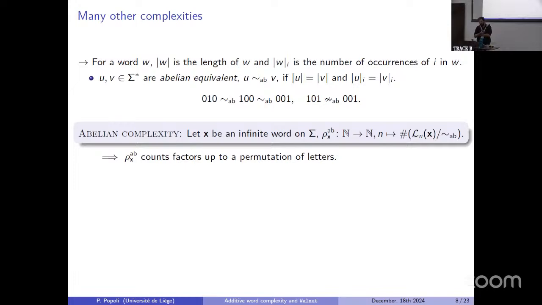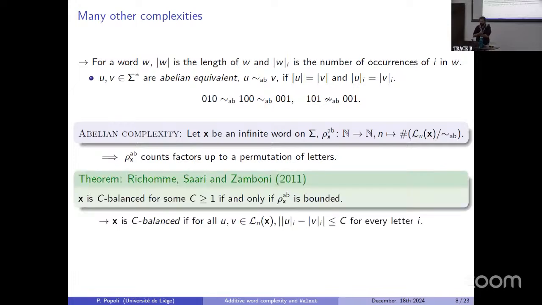And we also have a characterization of words that have a bounded abelian complexity. These are the family of C-balanced words. This was proved by Richomme, Saari, and Zamboni in 2011. So there are a lot more complexities, but I will not give so much detail.